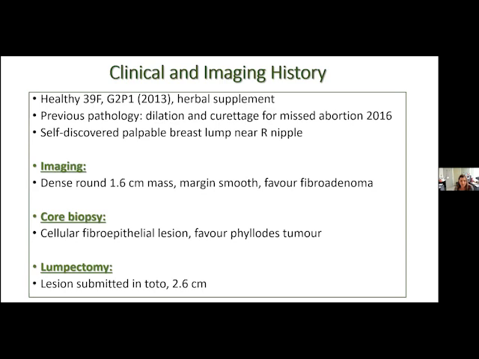Her core biopsy revealed a cellular fibroepithelial lesion, and at that time it was favored to be a Phyllodes tumor by one of our pathologists. So I received her lumpectomy, in which we found the lesion and submitted it in toto, and it turned out to be a 2.6 centimeter lesion.